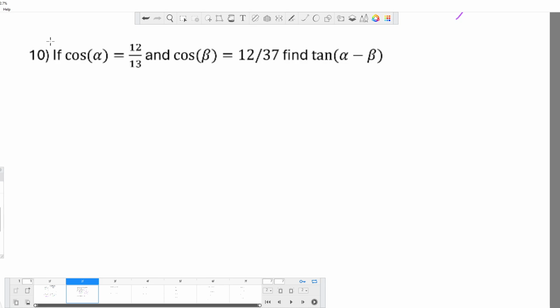So we now have tangent, and this gets a little bit trickier. I would rather solve this by turning it into a sine over cosine, so this could also be expressed as sine of alpha minus beta over cosine of alpha minus beta.